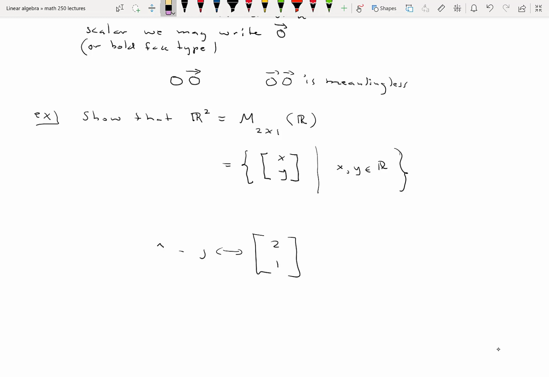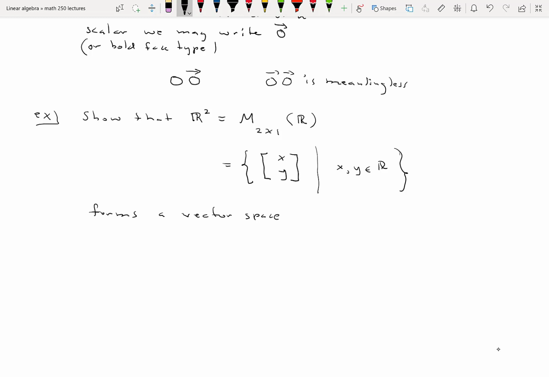In any case, we're going to assume that points in the xy plane are now column vectors. This is very common. I want to show that R2 forms a vector space.